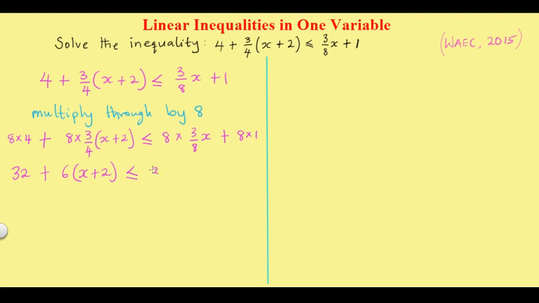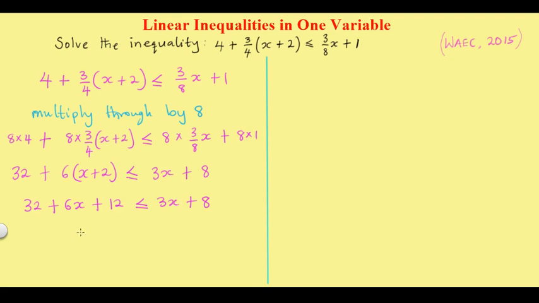That gives us 3x plus 8 multiplied by 1, that's 8. Now we have to open this bracket. It becomes 32 plus 6x plus 12 less than or equals to 3x plus 8.